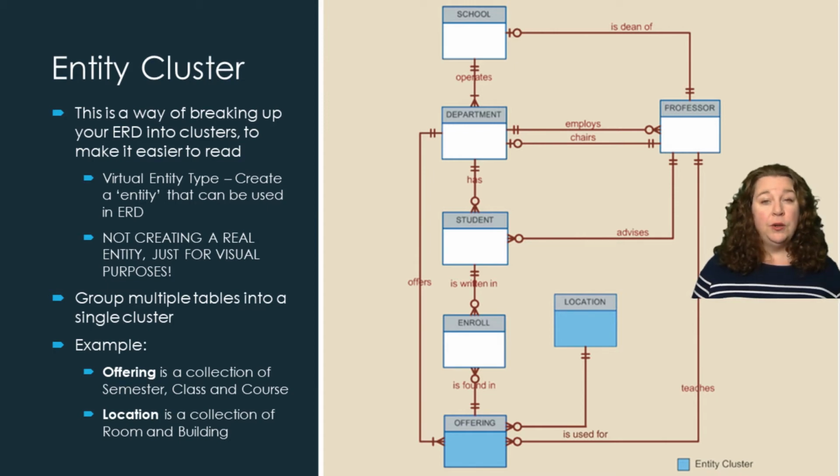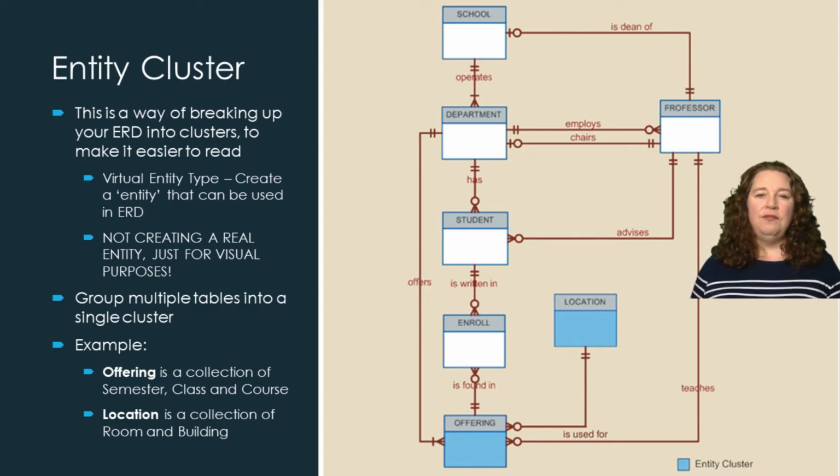So what we do is we tend to break up your ERD into clusters to make it easier to read. We can then print out the whole ERD, which could be a collection of, say, 20 clusters or 10 clusters, and then print out each of the clusters separately to make it so that you can see the visualization of all of the ERD broken up into sections.